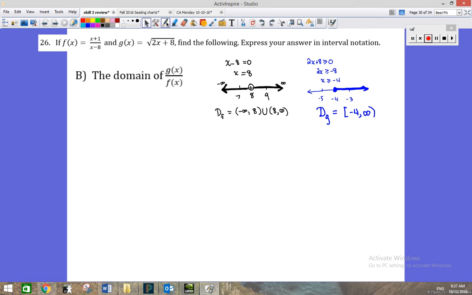So when I look at the expression, I don't have to necessarily find the final expression, but let's write it out. The g of x is the square root of 2x plus 8. That's not going to give me any added restriction. I've taken care of the 2x plus 8 over here. Now, in the denominator, I have this x minus 8, and I've taken care of that.